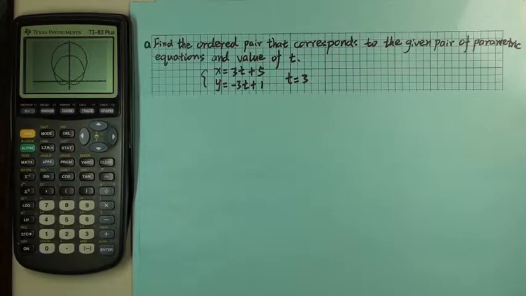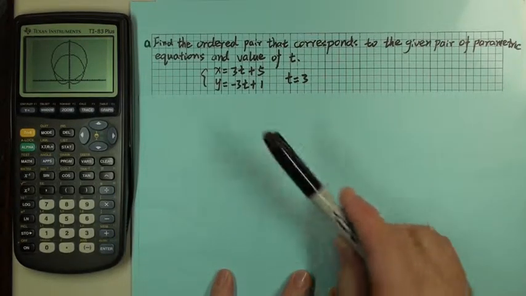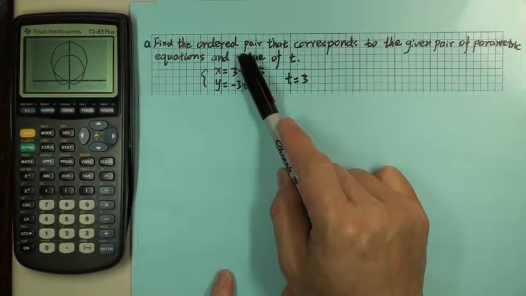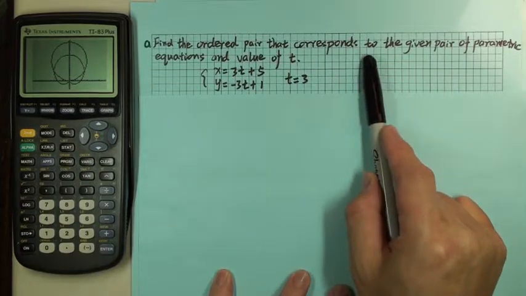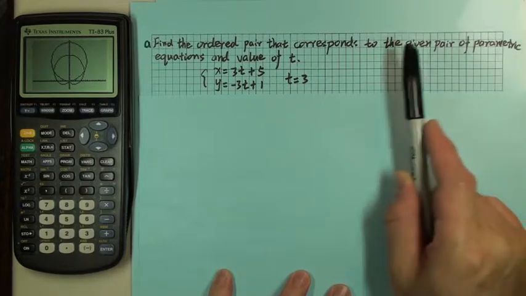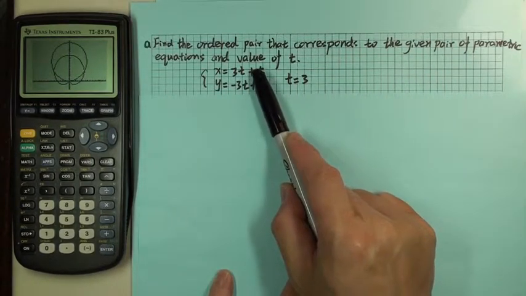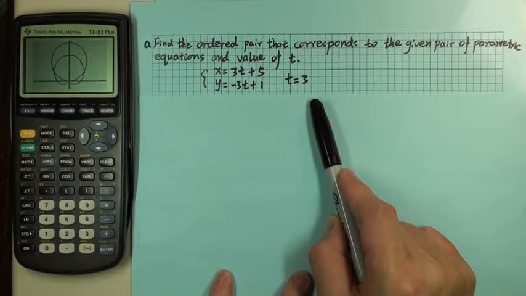In this lecture, we'll talk about examples. The first one is to find the ordered pair that corresponds to the given pair of parametric equations and value of t.